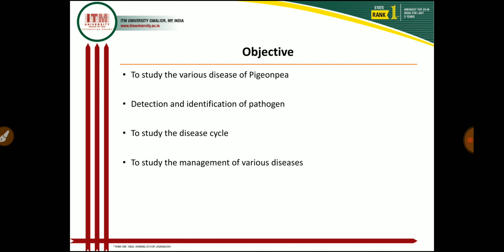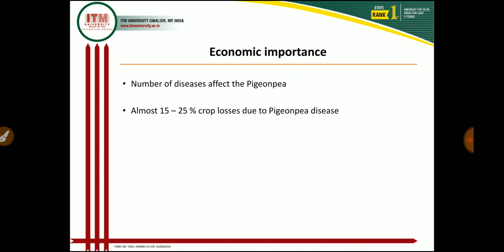Then to study the disease cycle, in which I explain the primary source of inoculum, the secondary source of inoculum, and how the pathogen completes its disease cycle in the host. Then to study the management of various diseases, in which I explain how we control or manage the diseases in field conditions, and by controlling these diseases we increase the production of the pigeon pea crop.